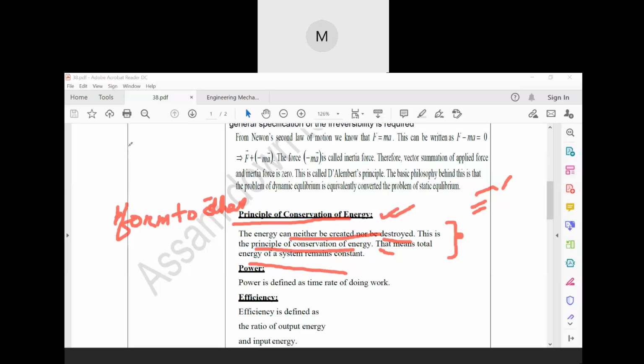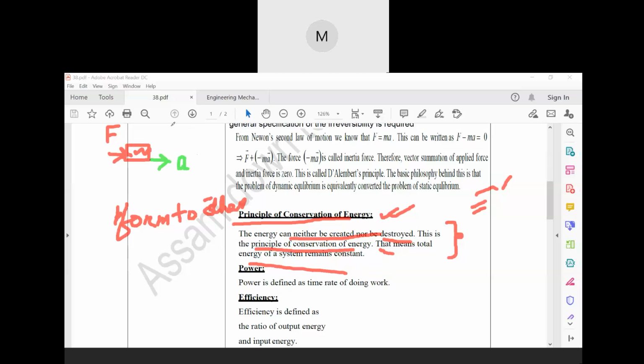There is no example as such. See, we are applying a force somewhere in a body, right? So this is F. F is the force, right? Now force can be defined as mass into acceleration, and there may be a certain amount of acceleration here, a.